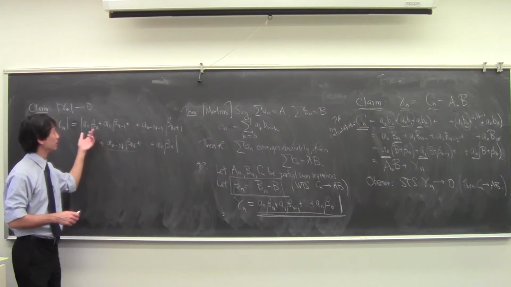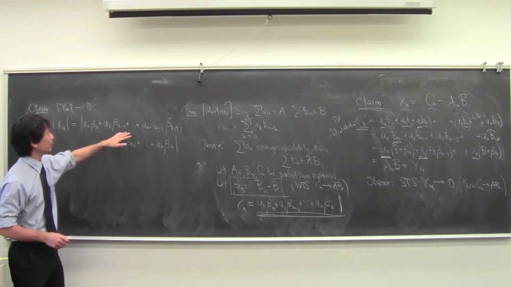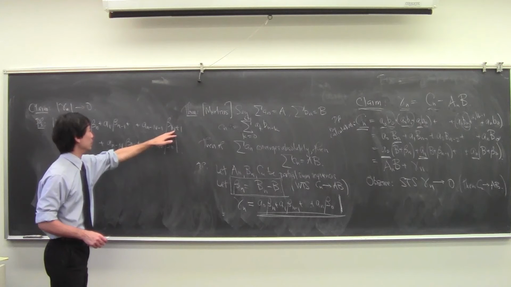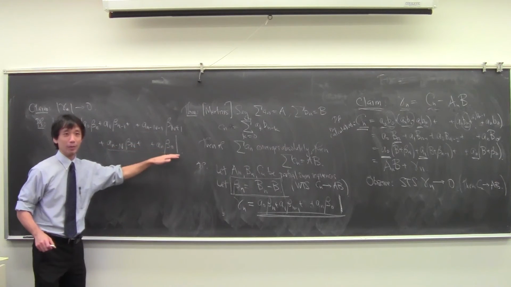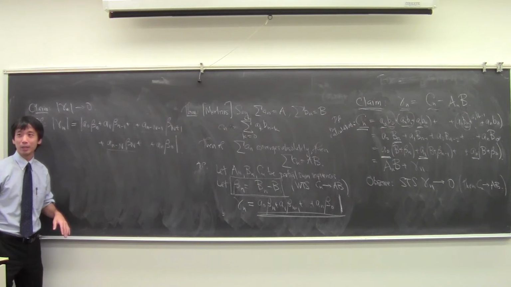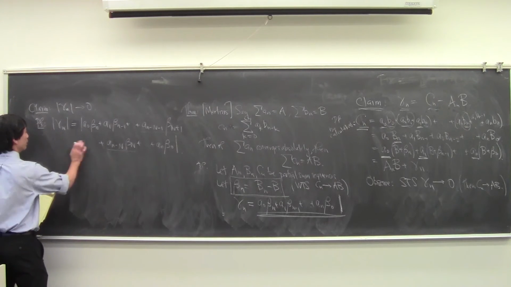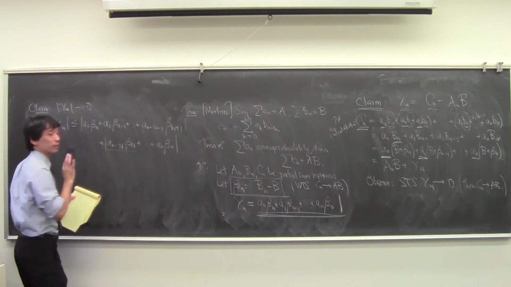At some point you're going to get an n plus 1 term, an n term, all the way down to 0. The reason I'm doing that is because I want to split it using the triangle inequality. So this thing is less than this plus this.